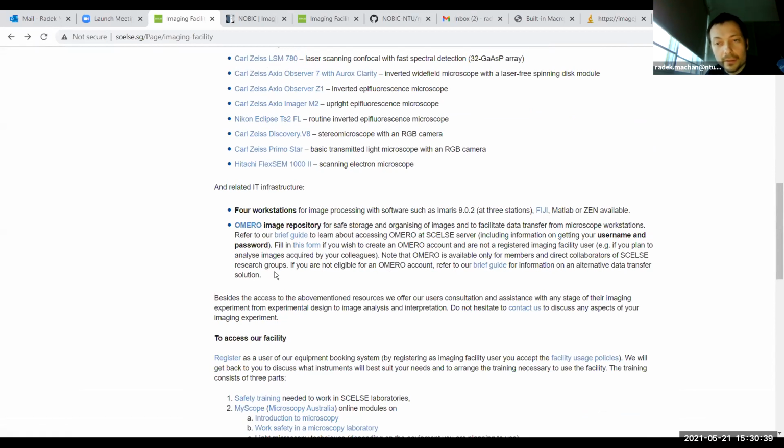And one important thing here is a mention of Omero. Omero is an image repository.